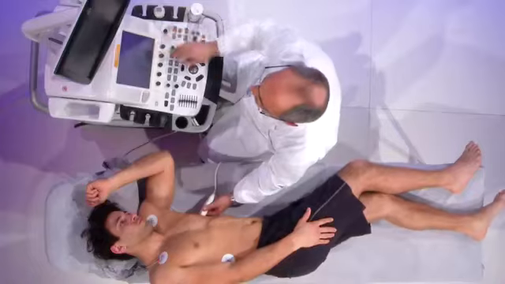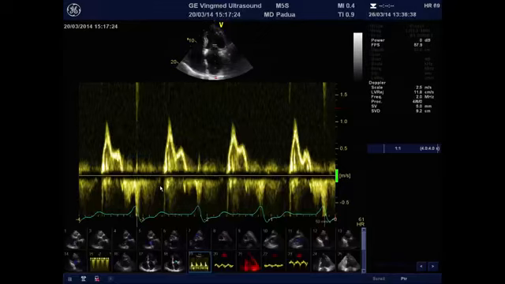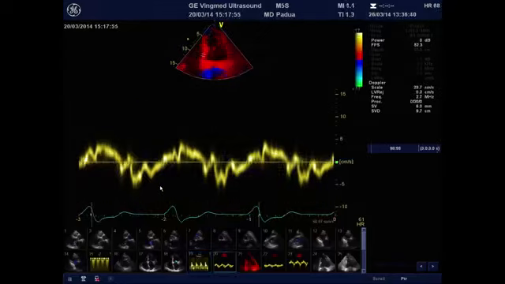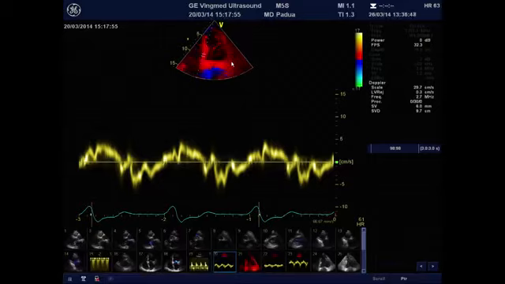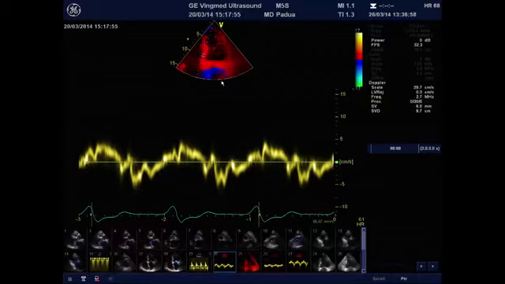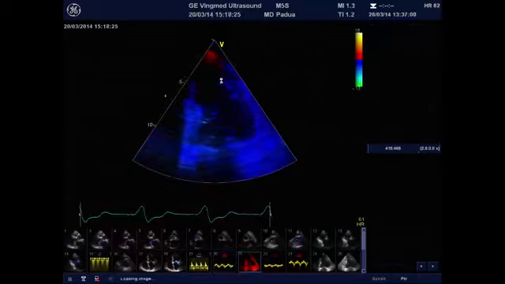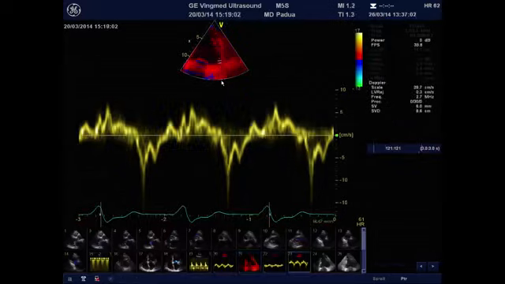Even more important, if you can relate the Doppler pattern of the inflow to the TDI of the myocardium, both at the septum and in the lateral wall. And this is usually done by turning on the tissue Doppler imaging modality and then sampling with your pulse Doppler first at the septum and then at the lateral wall.